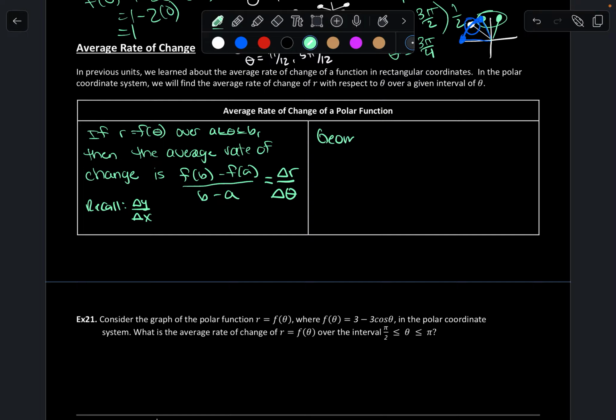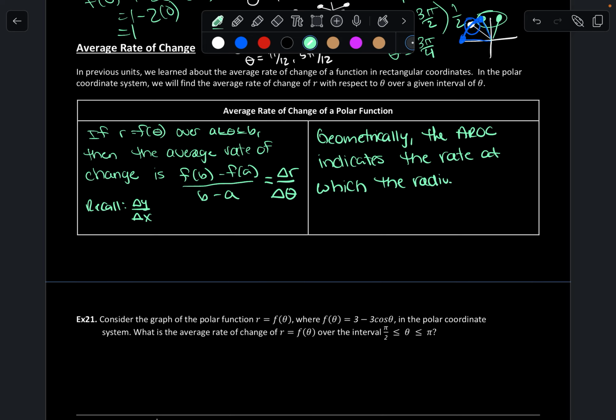So geometrically, the average rate of change indicates the rate at which the radius is changing per radian. So it's the change in r over the change in theta, which gives us delta r over delta theta.